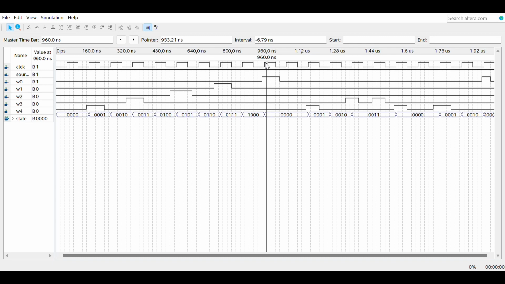Wrong password in this case means I pressed 1, 4, 6, 7, 8, 9 or a number that is not contained in my password, and therefore in my state diagram I told you that in this state if you put any button you go back to state 0. So in this case I put the input as W0 to show you that any number you press in this state will bring you back to state 0.